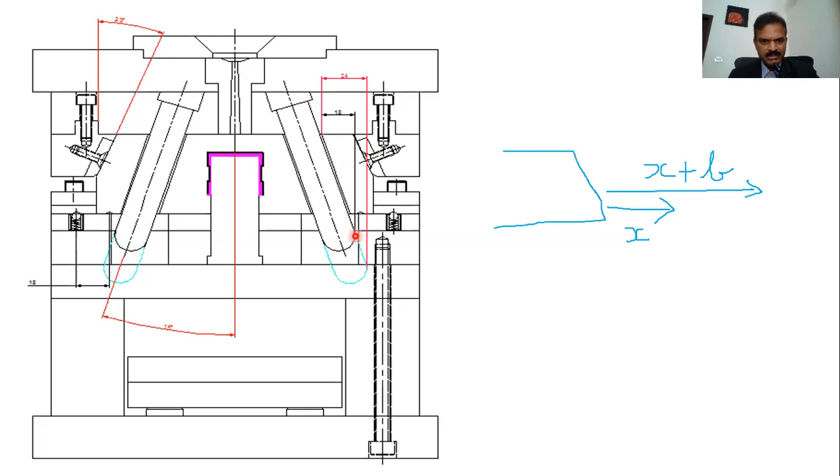Just because this point will leave later than this point when it moves up. So that means it will keep on pushing. For example, if the finger is at the black line here, originally designed for this particular component, how much should it be?